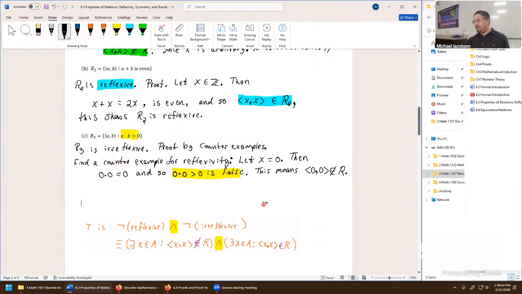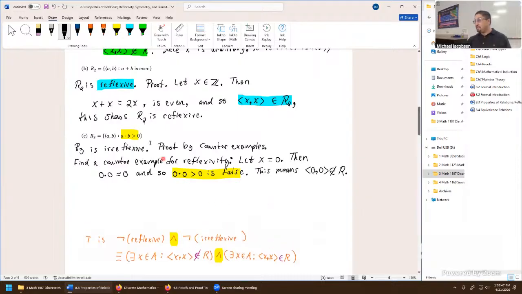Well, that means we're just halfway done. We've only proven not that it's going to be, hang on, I want to say here, R3 is neither, is what I meant to say overall. I think I just got distracted on the properties. Meaning neither irreflexive nor reflexive.